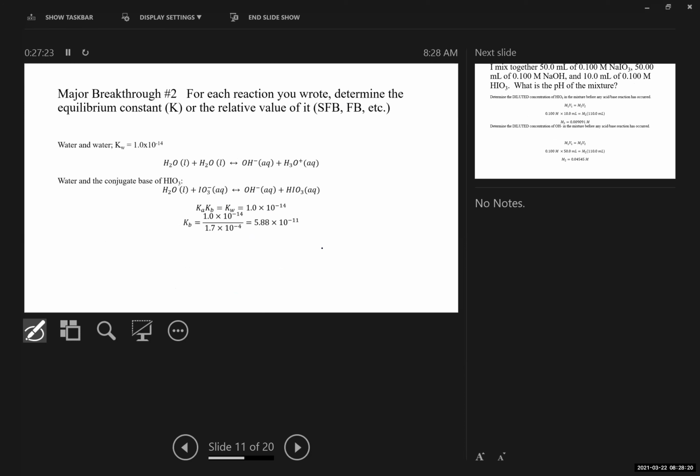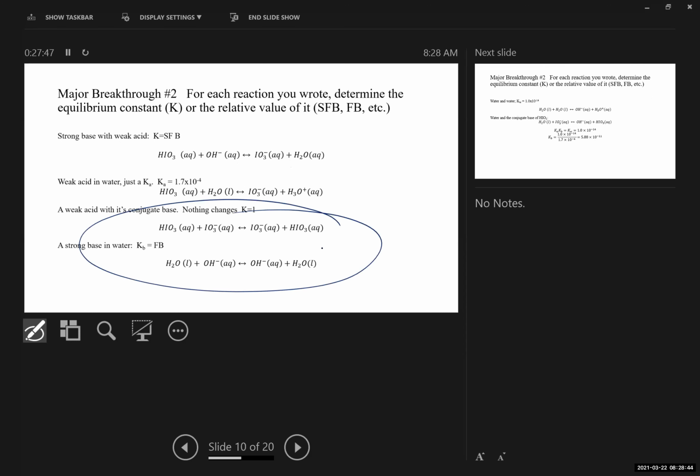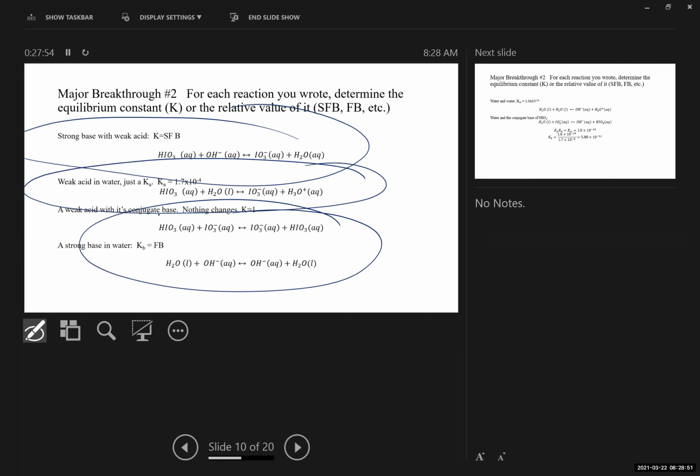The iodate reaction is slightly above that, at 10 to the minus 11. And so I have a relatively clear ranking of what is now only 4 reactions I could possibly care about. These two are at the back end, and up front I essentially have one super big one and then one weak acid equilibrium.